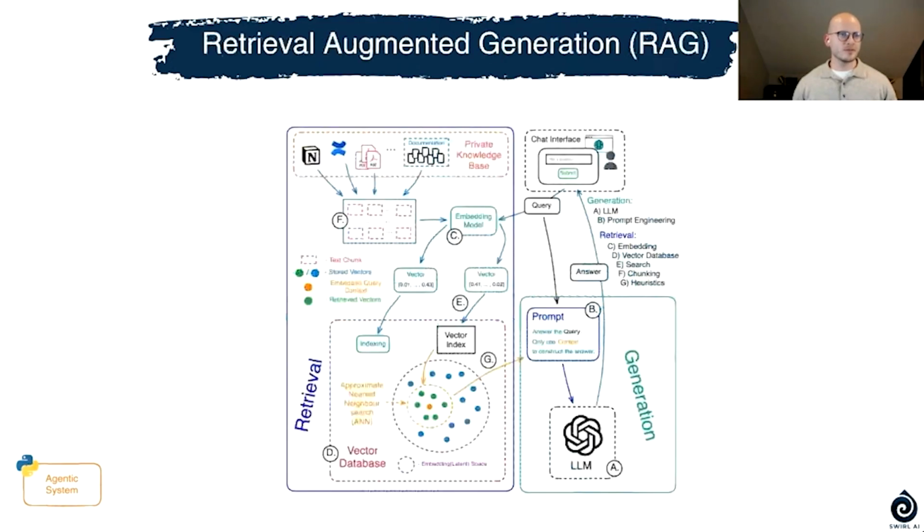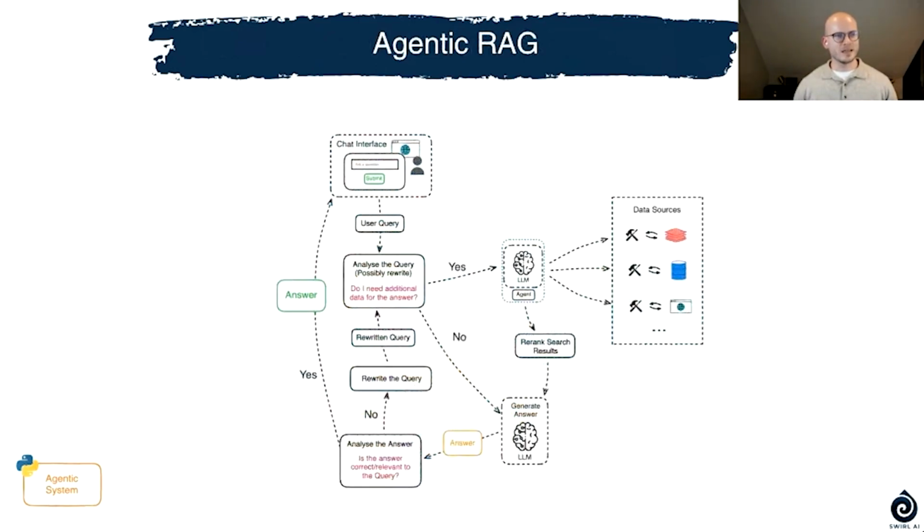If you need to go to the level of augmented generation, if you need to go to Agentic RAG, where you add additional agency to the system, where you allow your part of the system to choose what kind of sources to query from, potentially rewrite the user queries and similar.